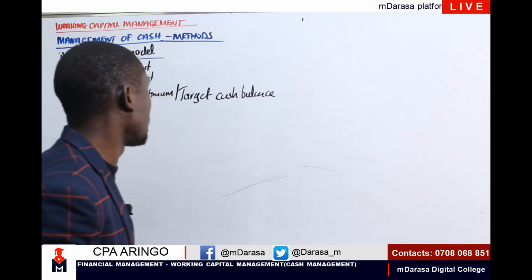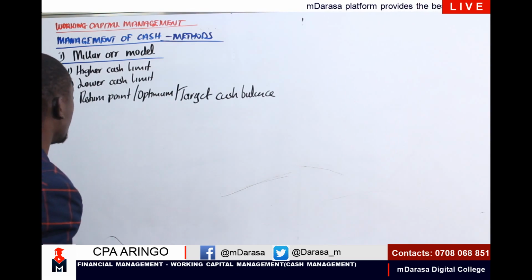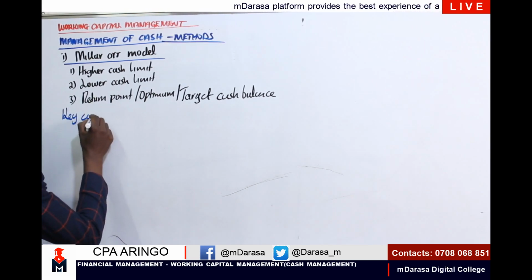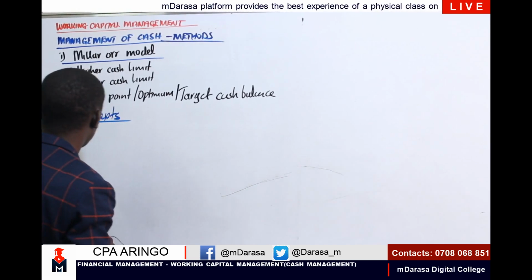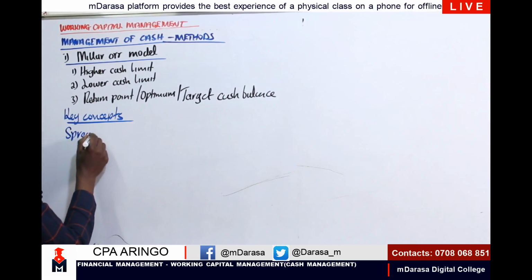Therefore, these are some of the basic concepts, key concepts, that you must always tend to have at the back of your mind. So number one, we are talking of what we are referring to here as spread.